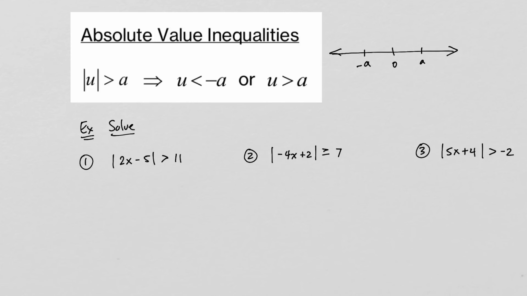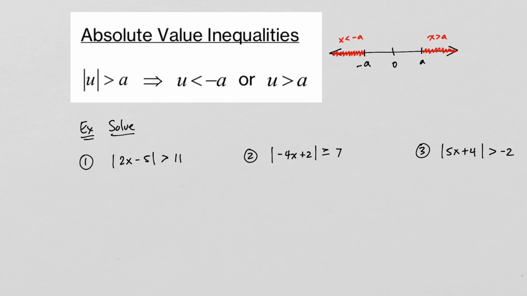If a number is more than a units away from 0, it has to be either out here or out here. And so this is x is less than negative a, and this one is x is greater than positive a. So when doing this, you have to set up two separate inequalities. It's very different from when you do the less than situation.